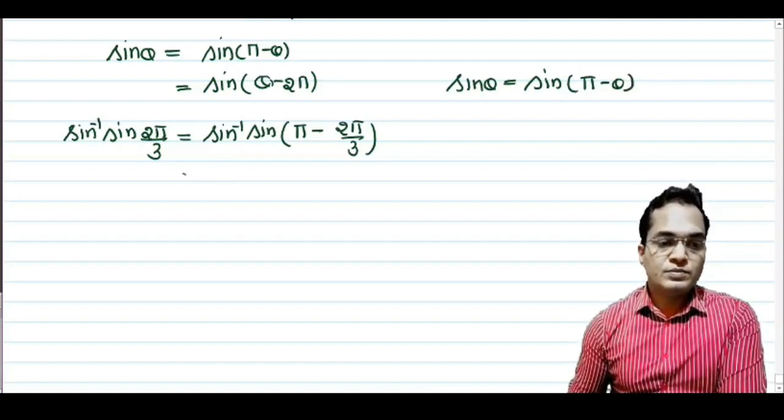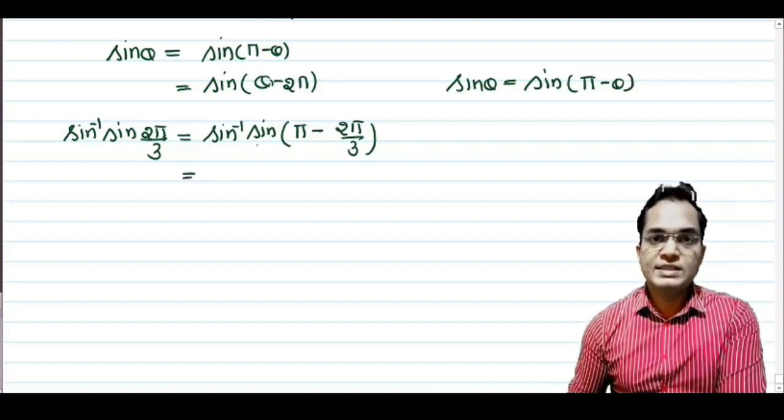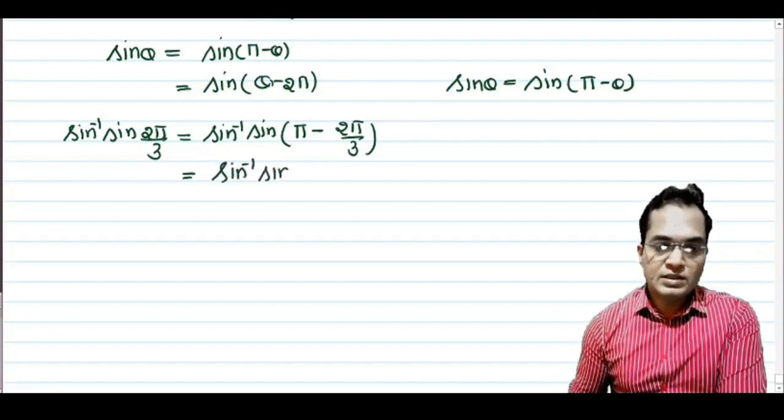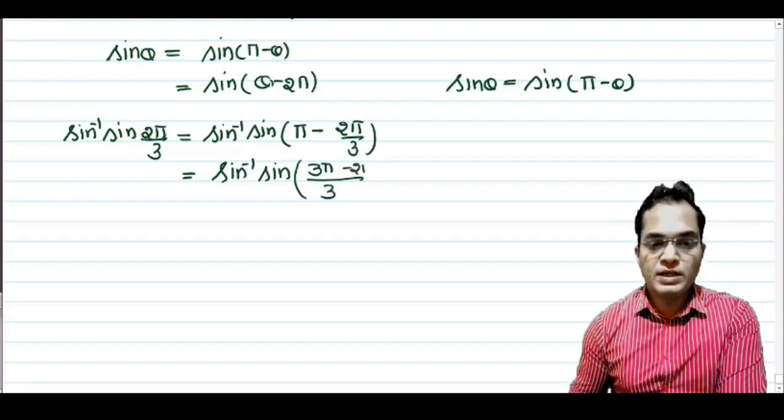Now this side is equal to this side. Now we can solve it. If we take the LCM 3, it is 3 pi minus 2 pi.